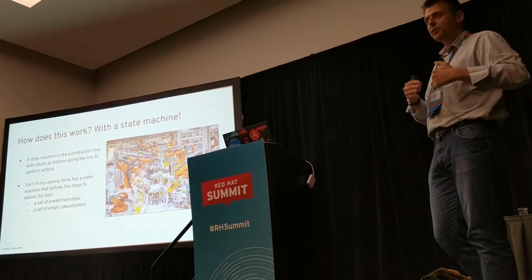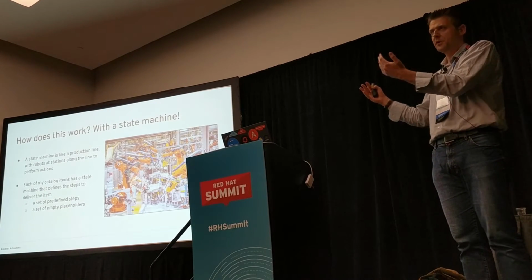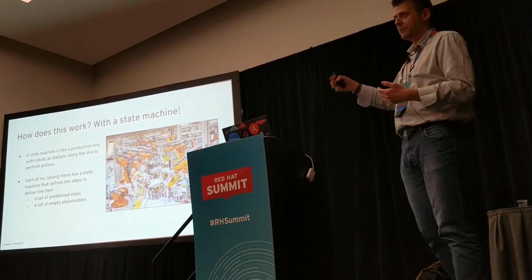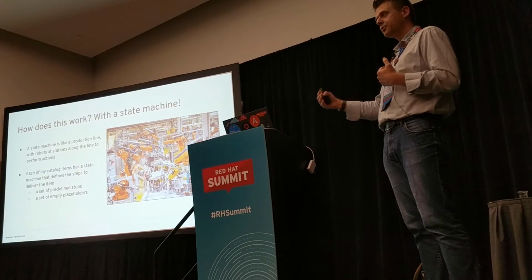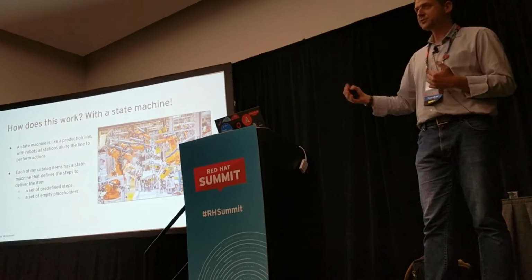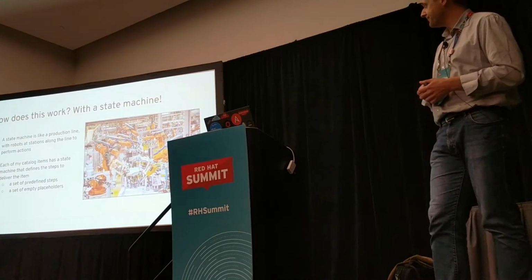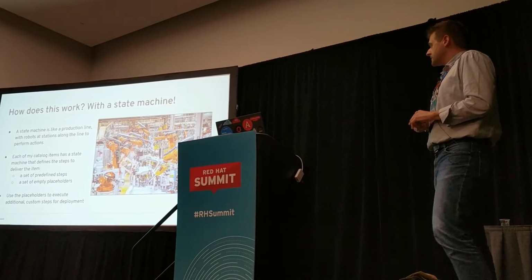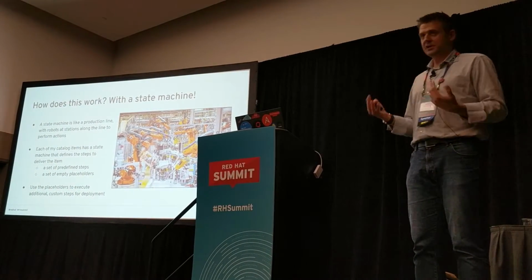But we leave a lot of placeholders where you can put your own robots to maybe call out to your CMDB, or maybe call out to Slack or HipChat if something goes wrong. So you can create your own robots along the production line to add extra automation during the creation of those 4 virtual machines in this case. Everybody still with me? Okay, cool. So the placeholders you can use to execute additional custom steps in this deployment.